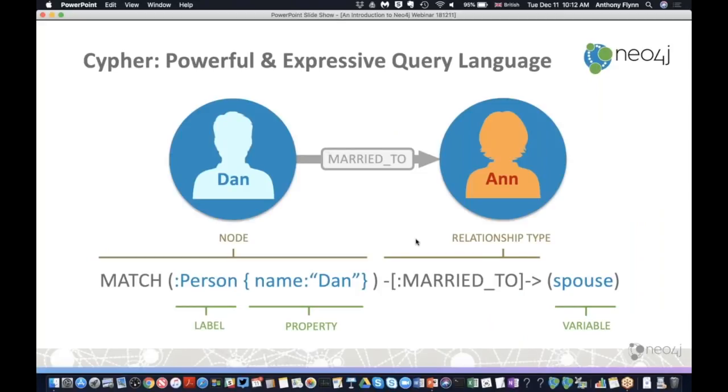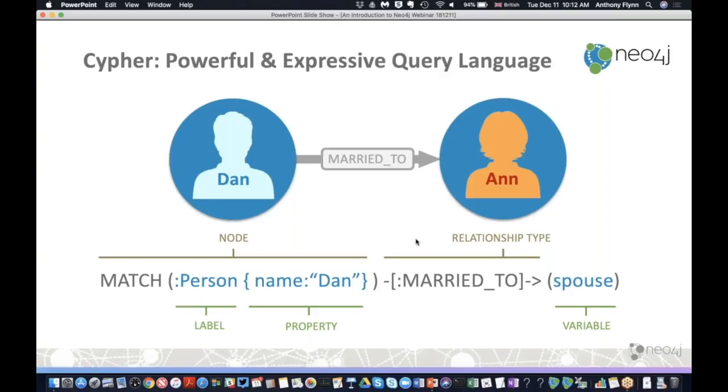Neo4j comes with a query language called Cypher. It's a graph-oriented query language, somewhat loosely based on SQL, but with graph concepts rather than tabular concepts. So at the bottom there, you've got possibly the simplest kind of query. This is a match query. So this is somewhat like the select statement in SQL.